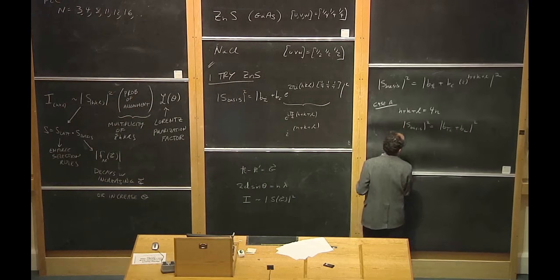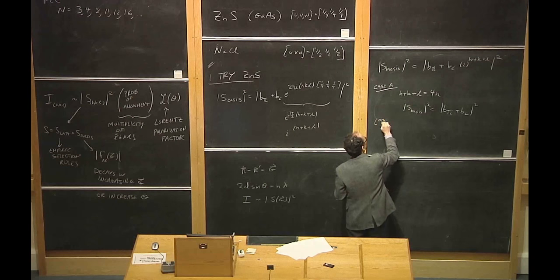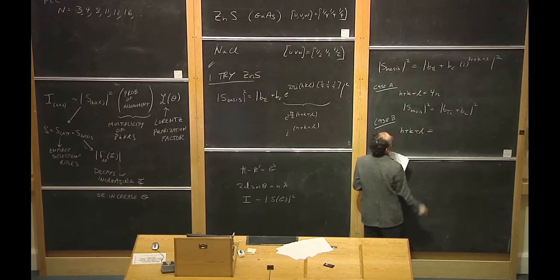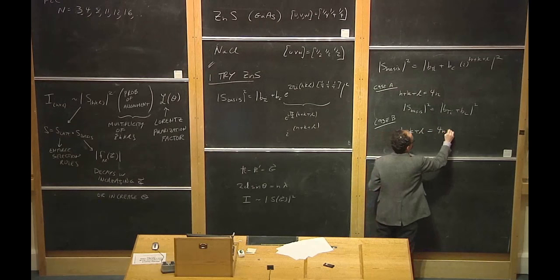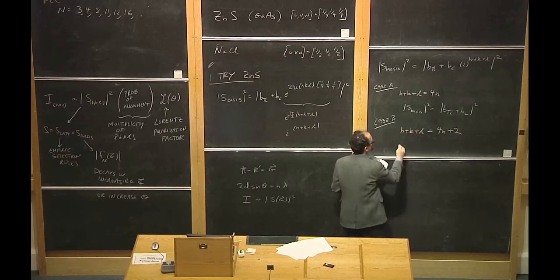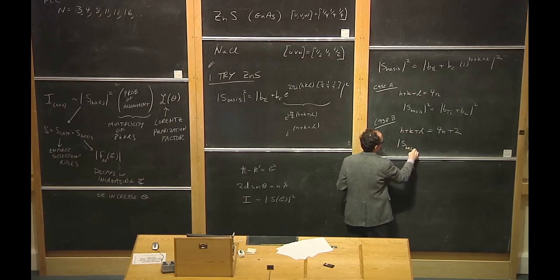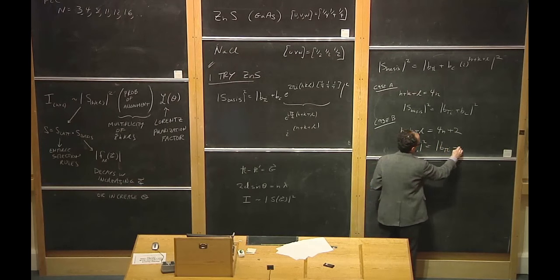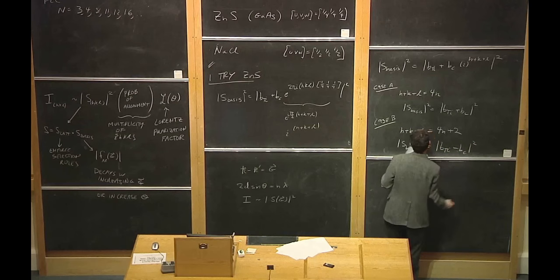The second possibility, case B, is H plus K plus L is still even, but it's not a multiple of 4. So we'll call it 4n plus 2, in which case we get S basis squared equals (B titanium minus B carbon) squared.